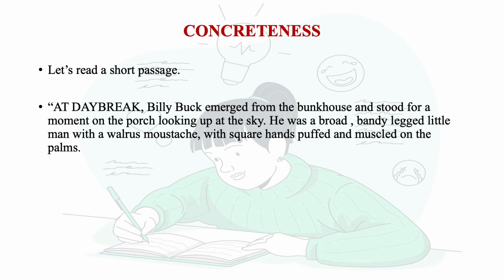At daybreak, Billy Buck emerged from the bunkhouse and stood for a moment on the porch looking up at the sky. He was a broad, bandy-legged little man with a walrus moustache, with square hands puffed and muscled on the palms.